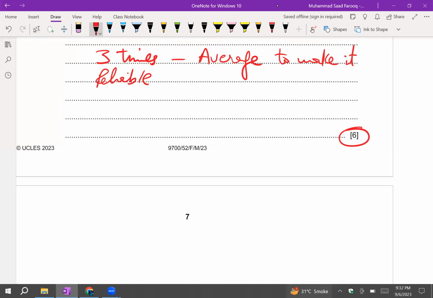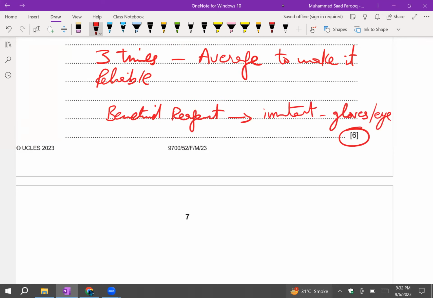The first risk is Benedict's reagent, which may be an irritant. The precaution is to use gloves or eye protection.